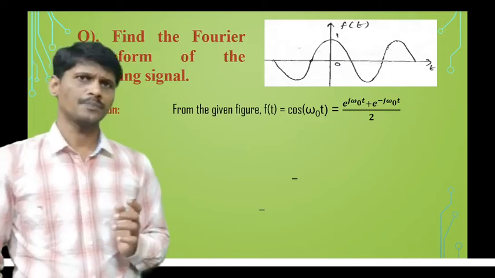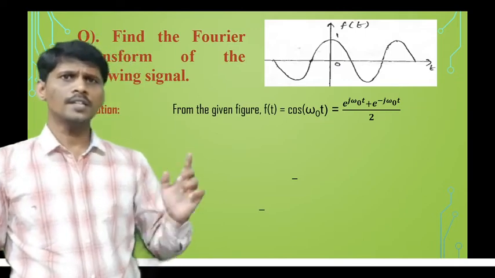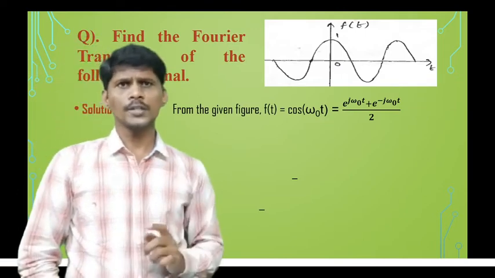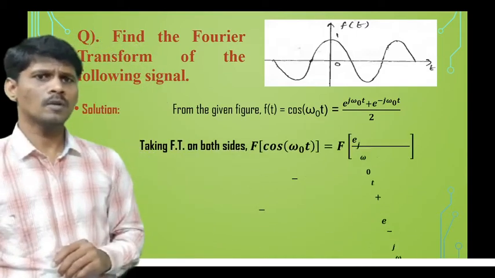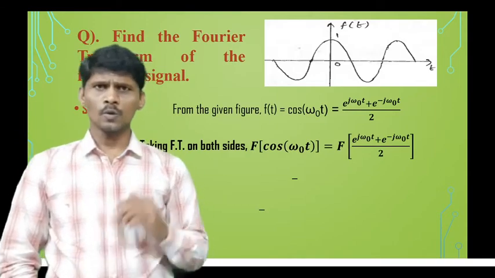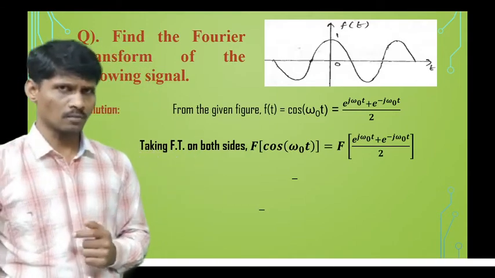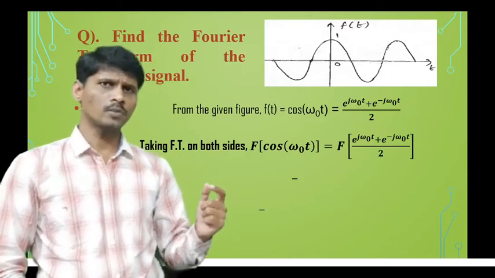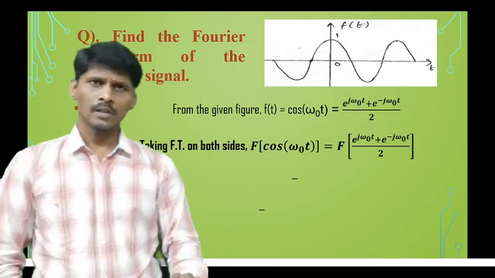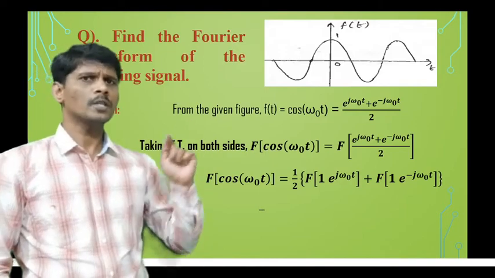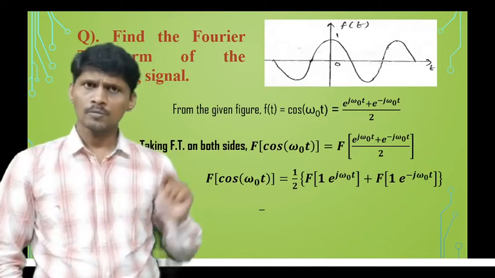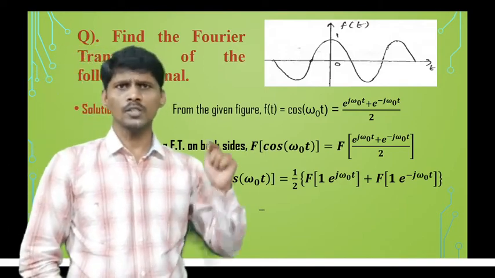So taking the Fourier transform on both sides of the given equation, the Fourier transform of cos omega naught t is equal to the Fourier transform of the RHS. The constant 1 by 2 is written before the Fourier transform: 1 by 2 into the Fourier transform of e power j omega naught t plus the Fourier transform of e power minus j omega naught t.